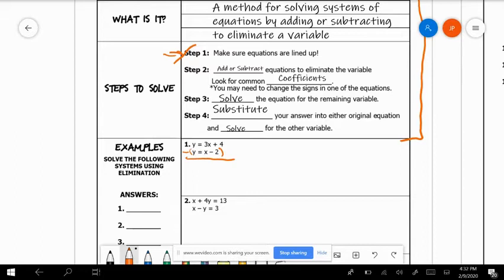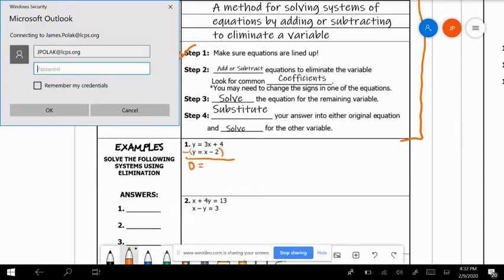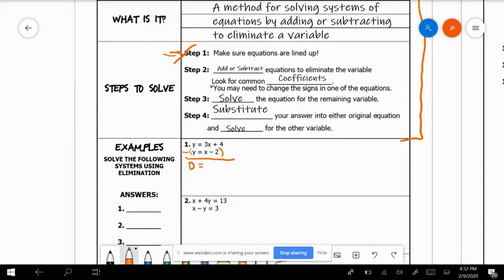So what that looks like is I'm going to take my y and subtract my y. That's going to give me a 0. I'm going to take 3x and subtract x. That'll leave me with 2x. I'm going to take 4 and subtract the negative 2. Now, if this helps you, actually write out what each piece of this math is.